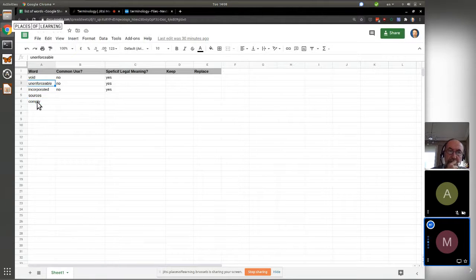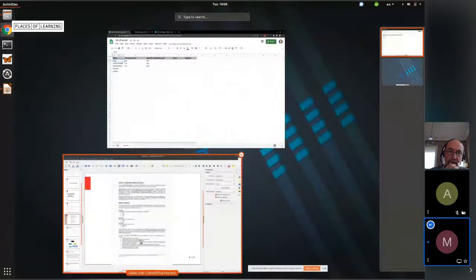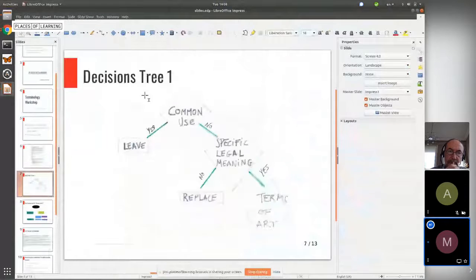And how are we going to analyze each of those single words that we circled in the document? We are going to use the decision tree. This is the decision tree that I created. There are two, and we start by going word by word.